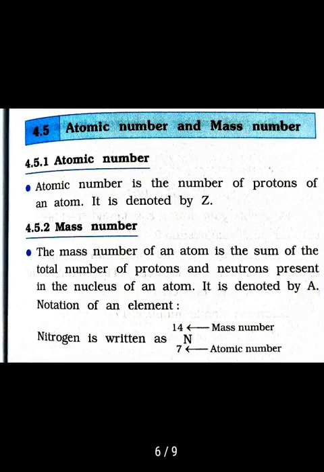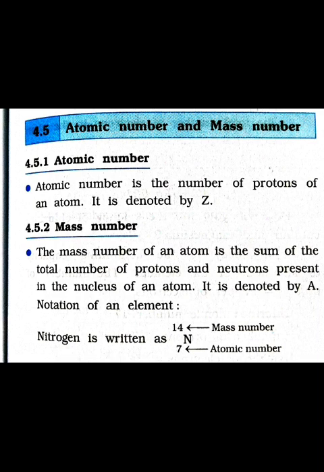Now, what is atomic number and atomic mass number? The number of protons present in an atom determines the atomic number of that atom. So we know that the number of electrons and the number of protons present in an atom remain the same.